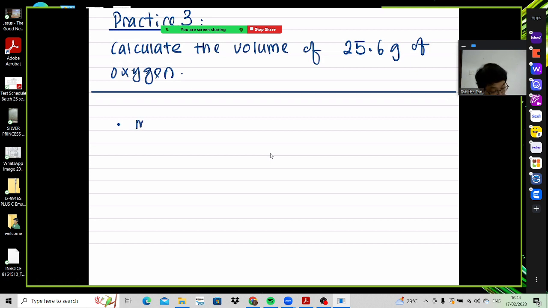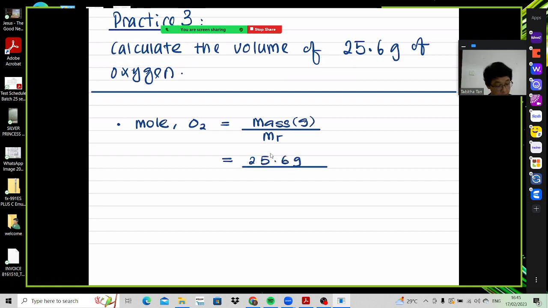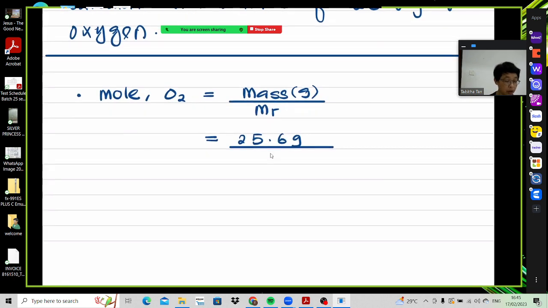Since they didn't give us the mole directly, we can find it ourselves. Oxygen is O2. Revise the formula again: mass in gram given to us, divided by the MR. The mass is 25.6 gram, divided by the MR. Oxygen: just now we read from the periodic table.